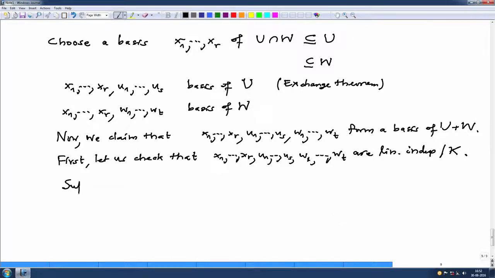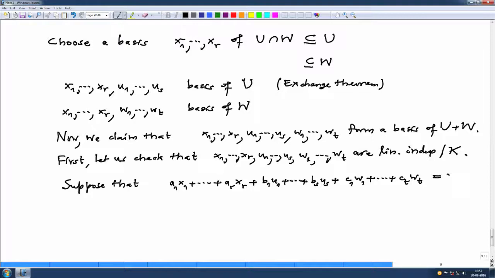Suppose that A1 x1 plus ... AR xr plus B1 U1 plus ... BS US plus C1 W1 plus ... CT WT, this combination is 0, where A1 to AR, B1 to BS, C1 to CT are scalars.